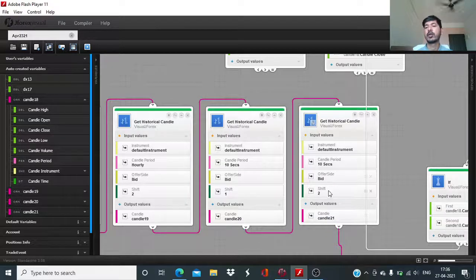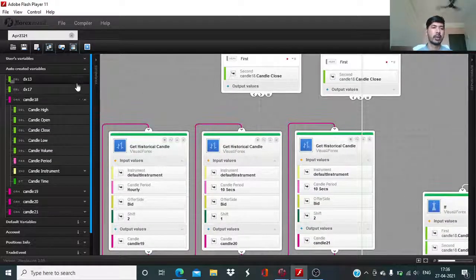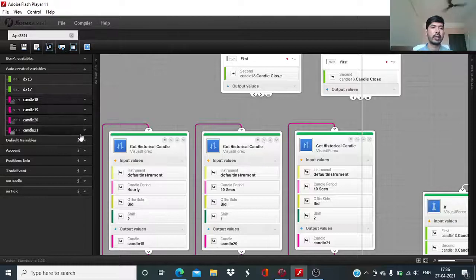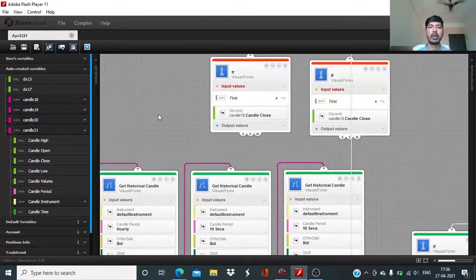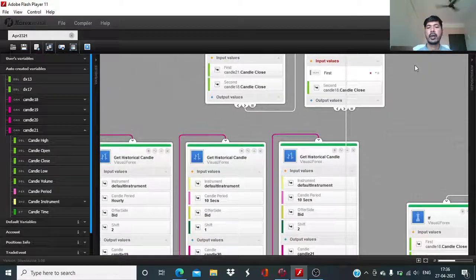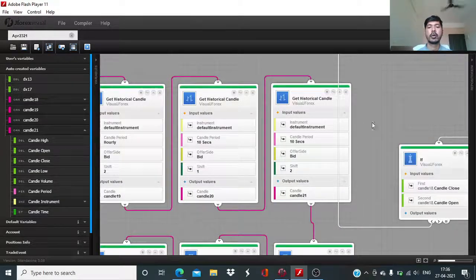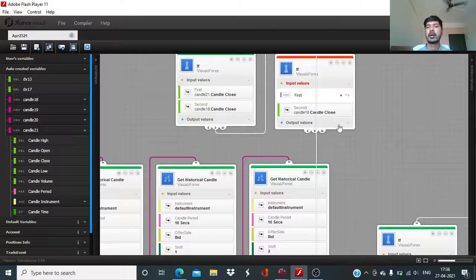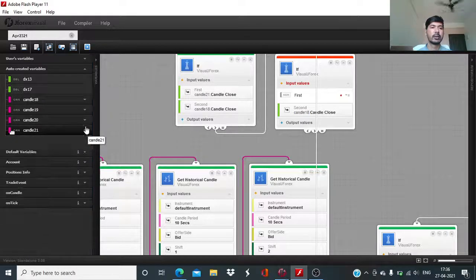Candle 21 has a look back period of 2, and to define the condition its close should have been higher, and after that candle 20 goes on to close below this candle 18 candle close.